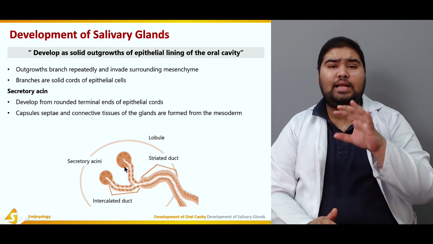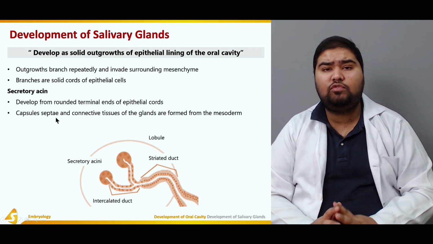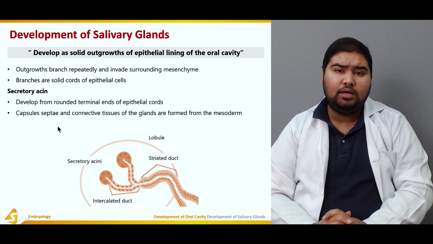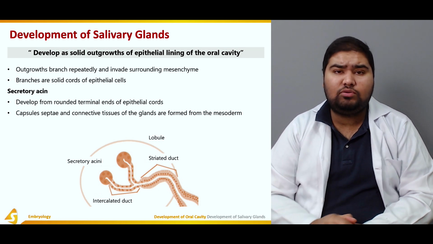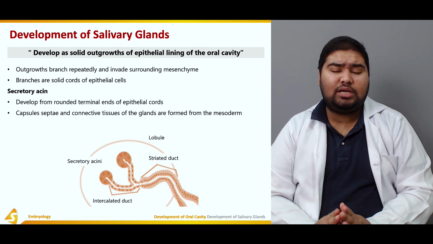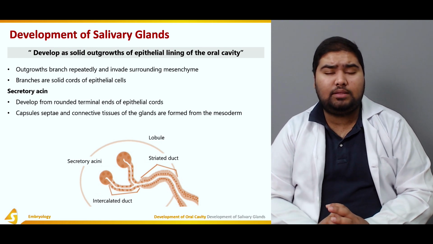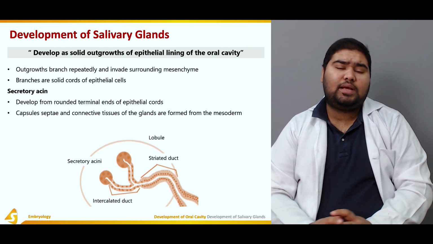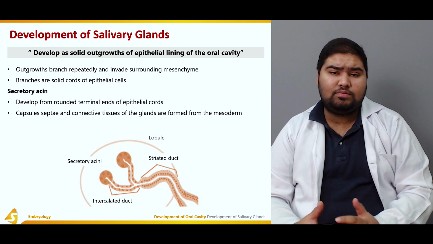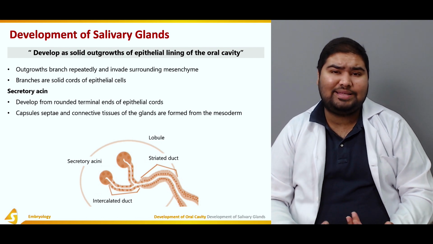So there's an outpouching or an outgrowth from the epithelial lining of the oral cavity. This outgrowth tends to grow into the surrounding mesenchyme. Now it continues to branch. This branching is initially solid, however later on it becomes canalized and assumes a lumen because it has to carry the secretions.